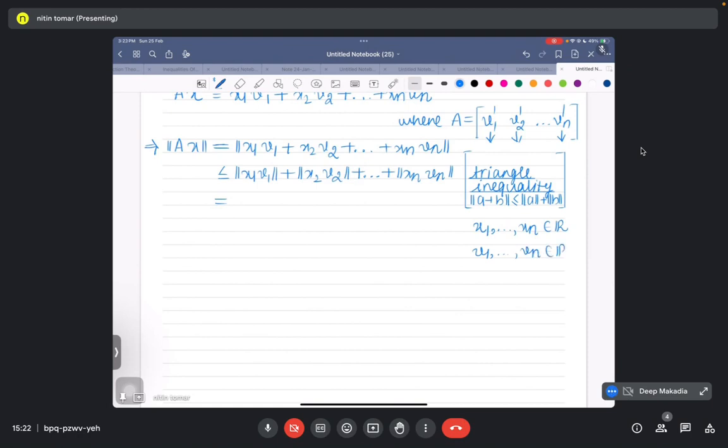Each xi is a real number, but v1, v2, vn are vectors. They are columns of A, so they are vectors, correct? So you know this property: norm of alpha v should be mod alpha times norm v. Am I correct?